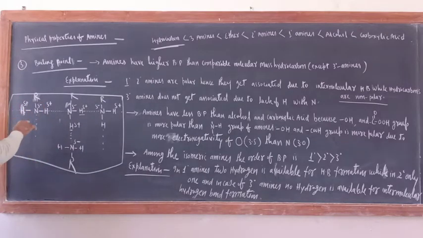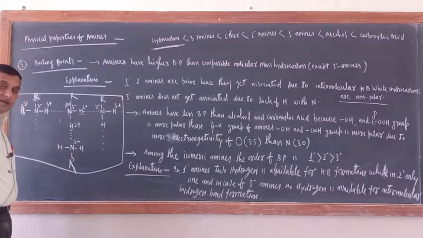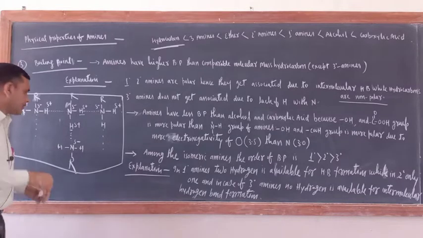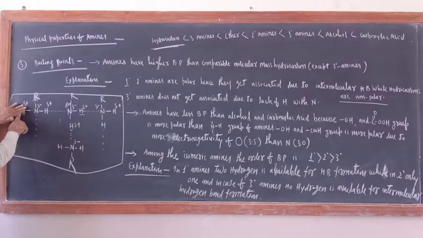Now if you will take 2 degree amines, so here R will come. So now 1 molecule of 1 degree amine forms 3 hydrogen bonds, and 2 degree amines will form 2 hydrogen bonds. Suppose I am taking here R. Okay, so it can form with N and H, correct or not? So only 2 hydrogen bonds are there.